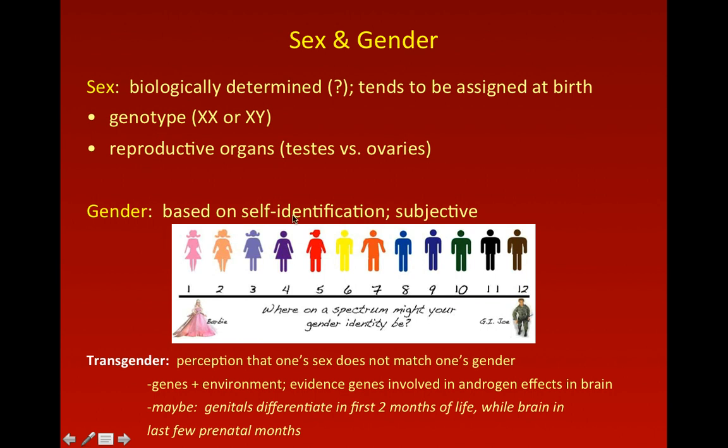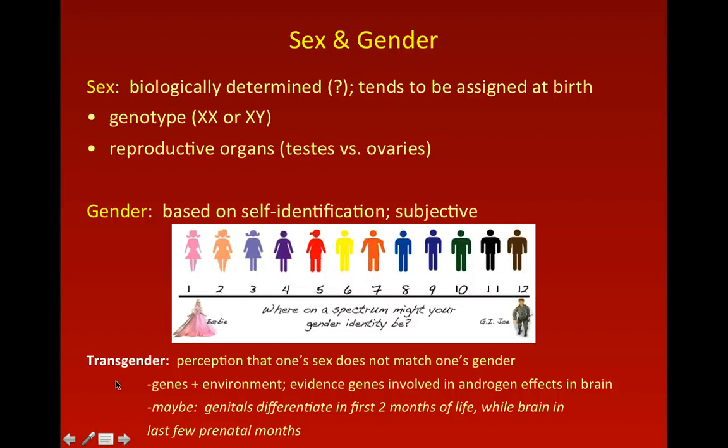It doesn't have to match your biological sex. And what triggers a difference between how you identify and your biological sex is unclear. It is unknown. It is clearly some combination, probably, of genes and the environment, but it's not entirely clear.